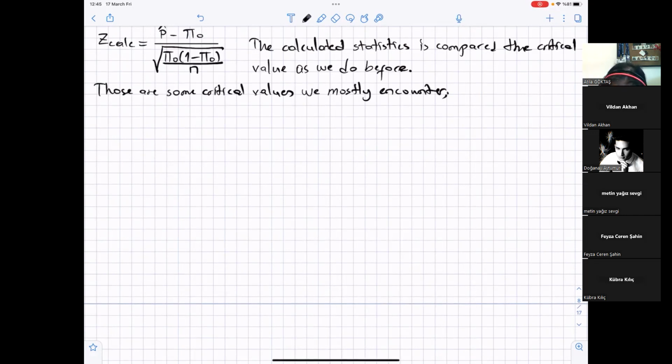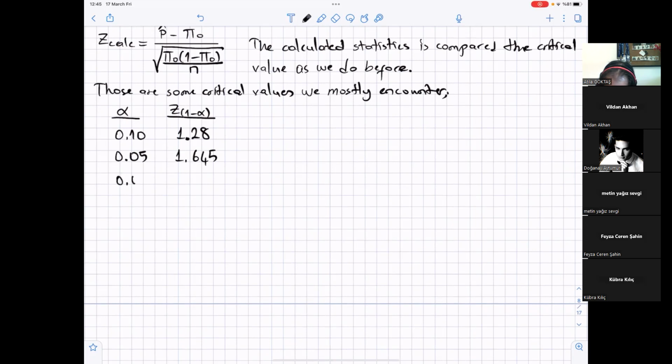So if the alpha level of significance, z at 1 minus alpha, is 0.10, this is 1.28, or you can bring this value from the standard normal distribution table. 0.05, this is 1.645. I have given all these critical values 2 weeks ago.